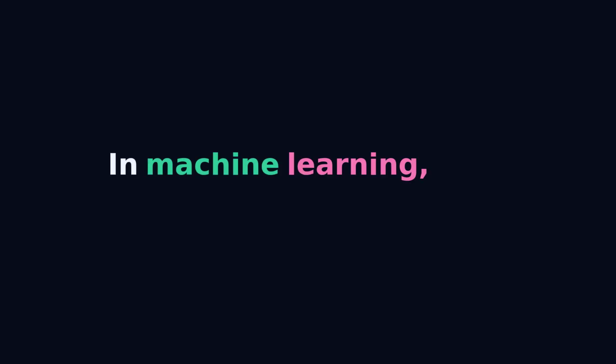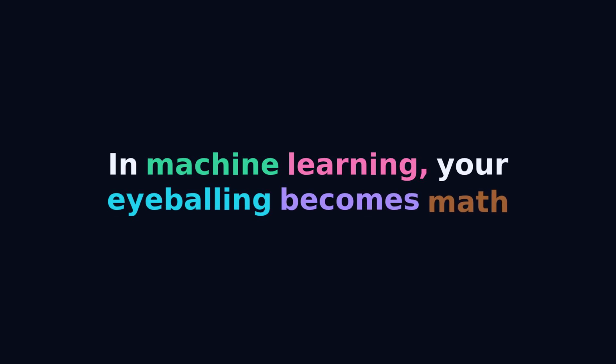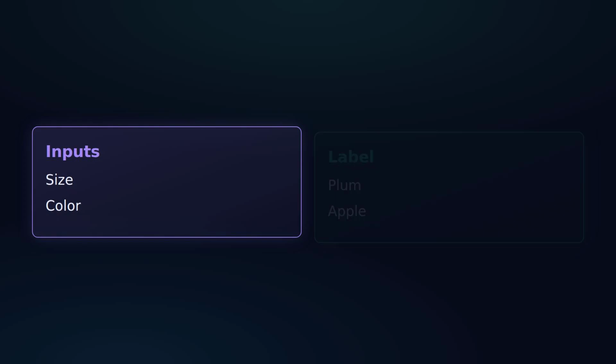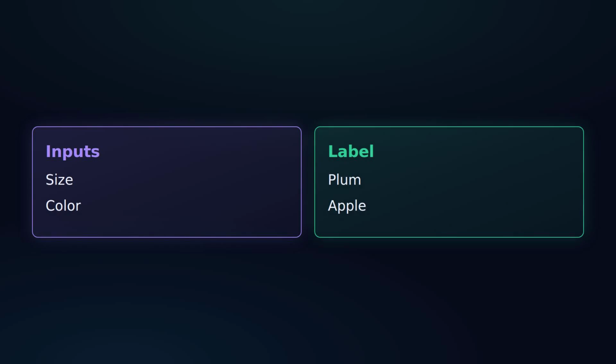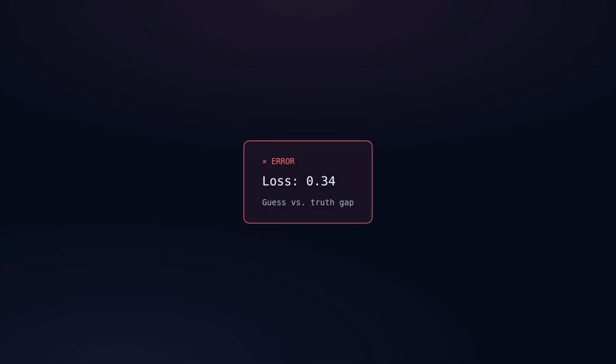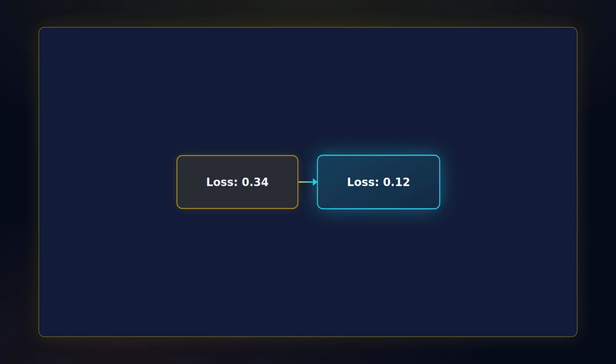In machine learning, your eyeballing becomes math. Numbers called weights. A fruit's size and color become inputs. Plum or apple becomes the label. The gap between your guess and the truth even has its own name: loss.